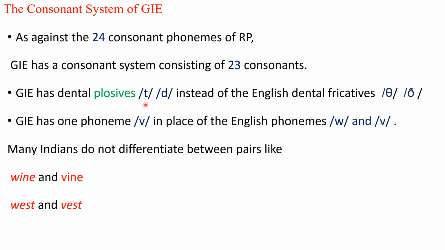So for example p, b, t, d, k, g are all plosives. GIE has these t, d plosives instead of fricatives. So what are fricatives? There is friction.